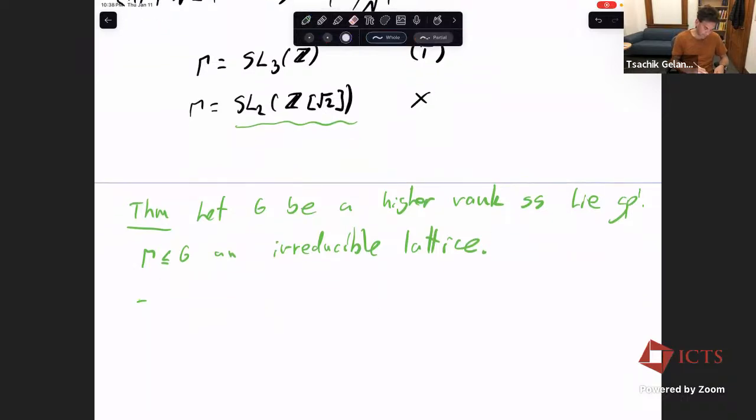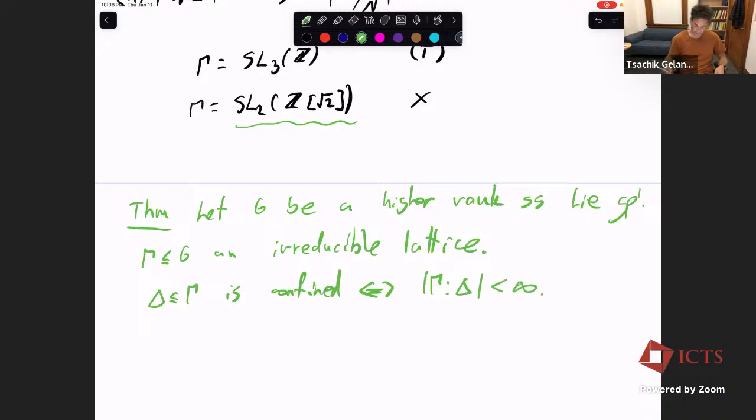A discrete subgroup delta inside gamma is confined if and only if gamma over delta is finite index. So of course, normal subgroups are confined. A subgroup is confined if, in a discrete group, there is a finite set not containing the identity that intersects every conjugate of delta. So for a normal subgroup, we can just take a singleton.